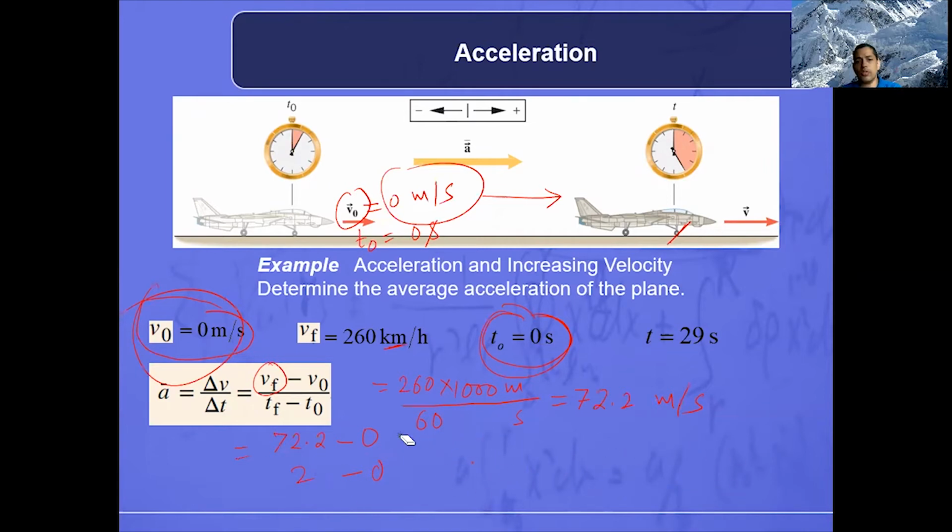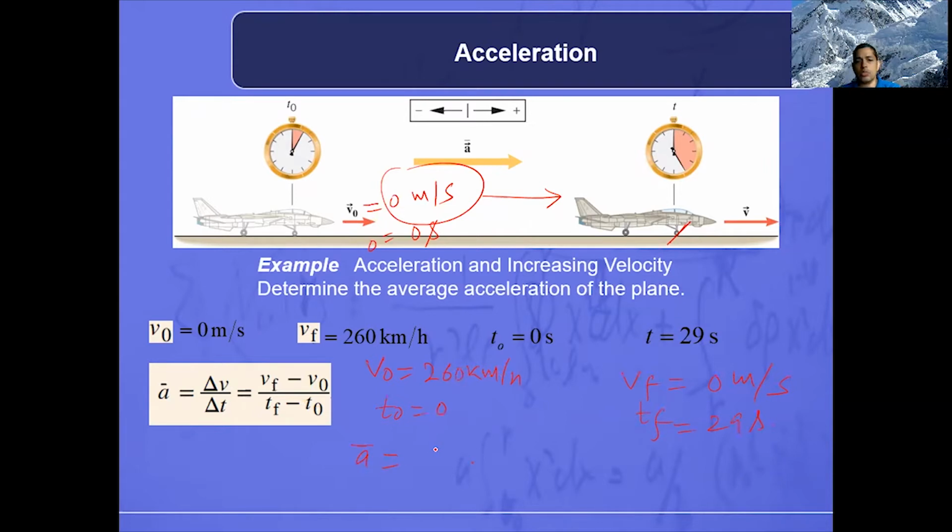So what happens if the airplane is landing here? If the airplane lands, let's say your v0 is 260 kilometer per hour and vf is 0 meter per second. Finally, it comes to rest, right? And in the beginning, your t is 0. Finally, tf equals 29 seconds, right? Then what happens? Acceleration, sorry.